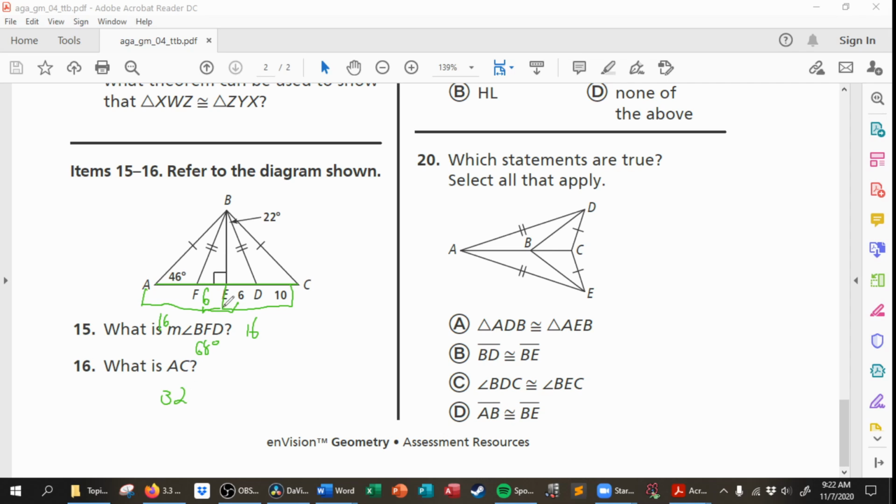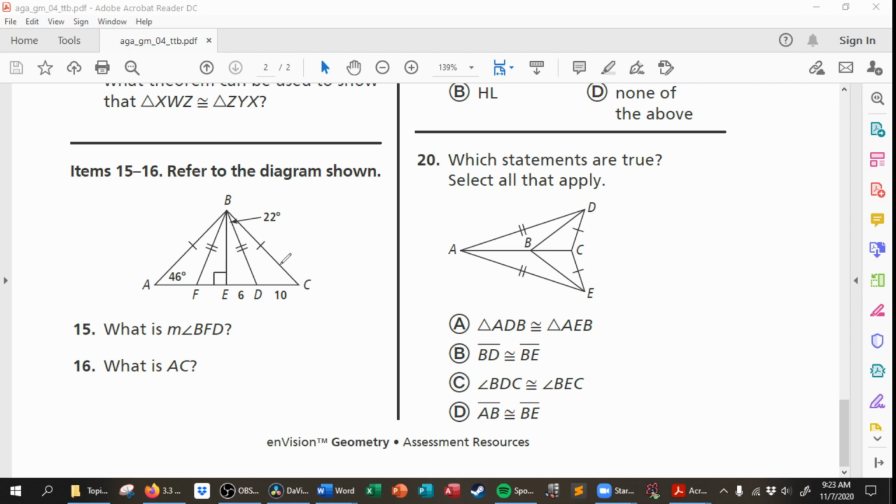So we have a total of 32. Don't add the 6 back in because we're looking at bigger and bigger parts of the triangle. So let me just show you what I mean. Here, for the whole triangle ABC, this side is 16, where this cuts, then this side must also be 16, and 16 plus 16 is 32.